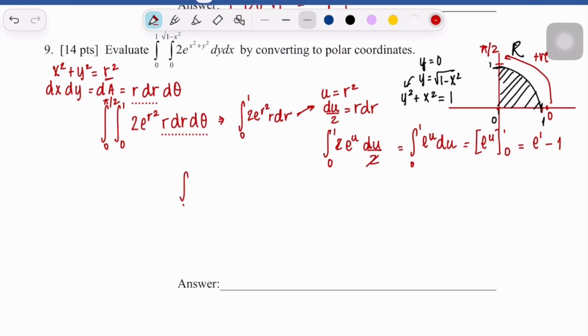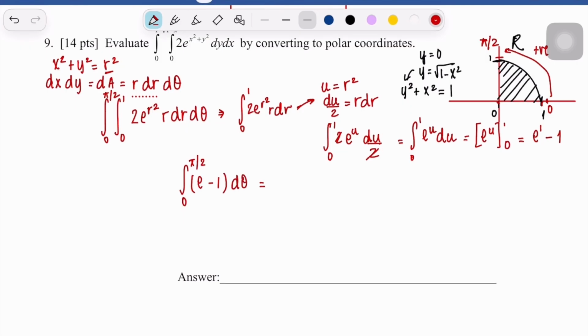And then for our second integral, we have to take it with respect to theta. So this is pretty simple. It's just going to be theta from 0 to pi over 2, which is just pi over 2 times e minus 1 minus 0 times e minus 1, and theta is 0, so that's just 0, which is just pi over 2 times e minus 1.